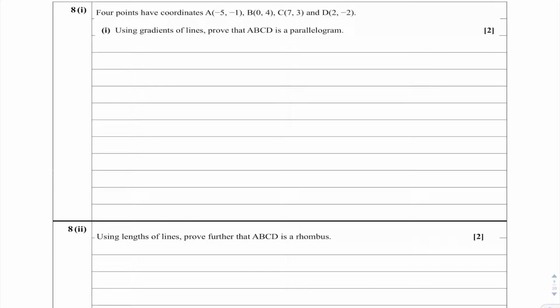Question 8.1. Four points have coordinates A, B, C, and D. Using gradients of lines, prove that ABCD is a parallelogram.